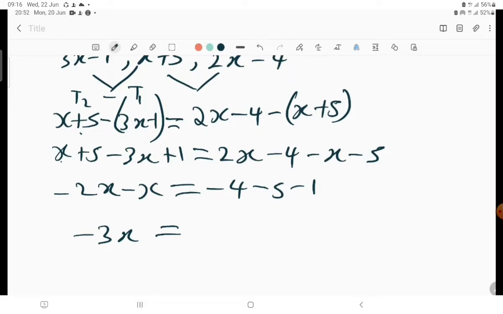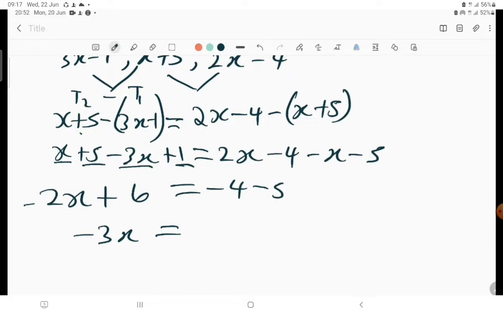Oh, remember, I did not put this one. We have this and that, which is negative 2. Then this one, negative, is equal to plus 6, right? So we have 6 there.